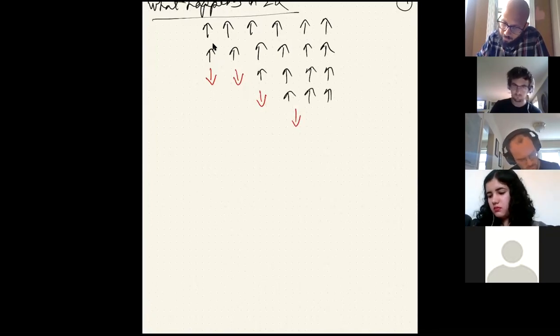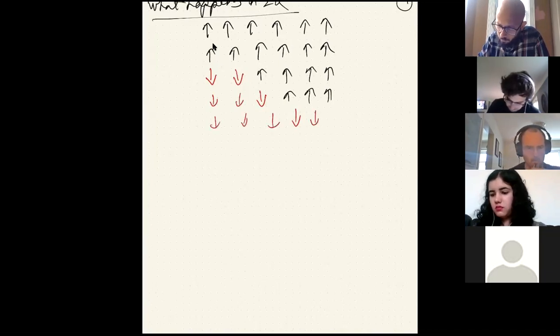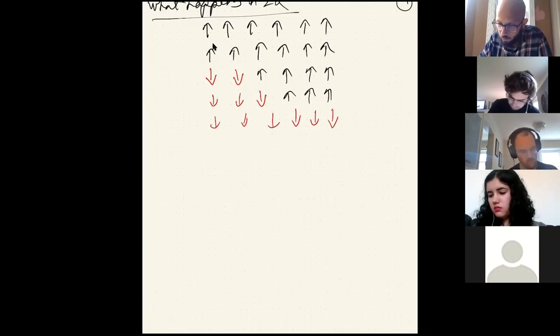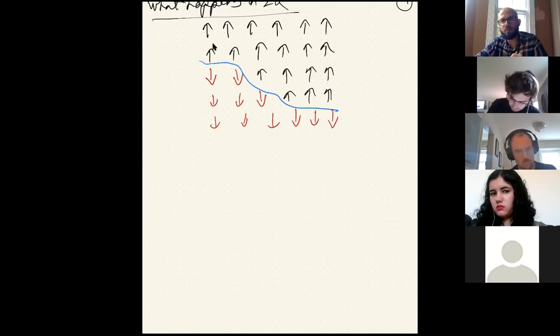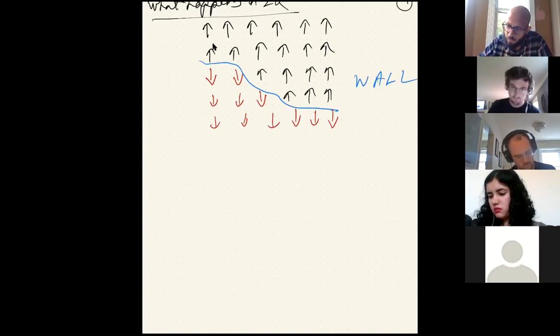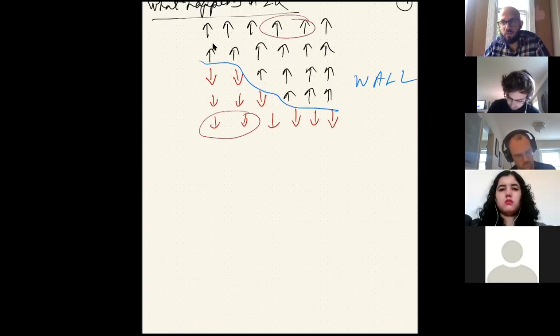So now we have created a block of spins which looks like this. We have again created a boundary, and it's the boundary that really matters. It's the wall that matters, because that's where the energy cost comes from. Deep in the bulk over here, the energy is the same as these two spins here. So the energy cost is coming only from the wall.